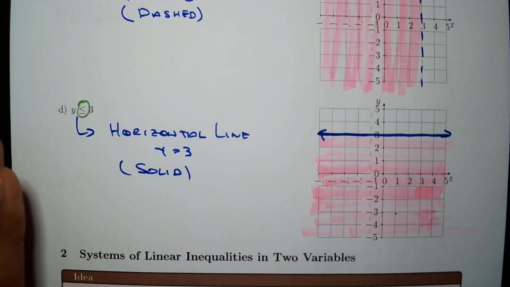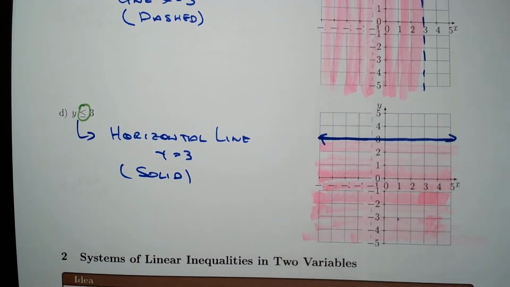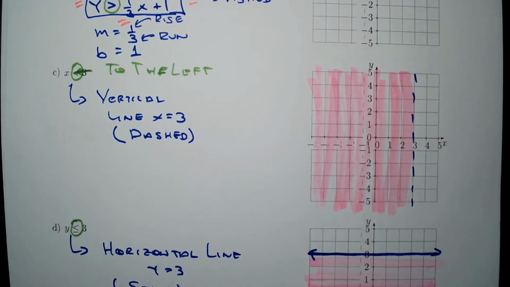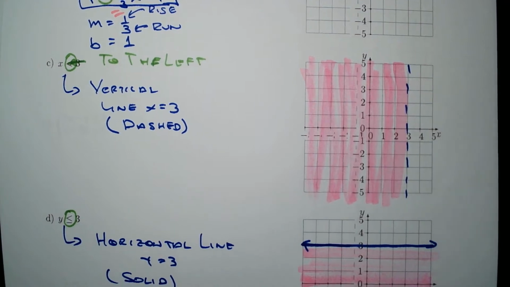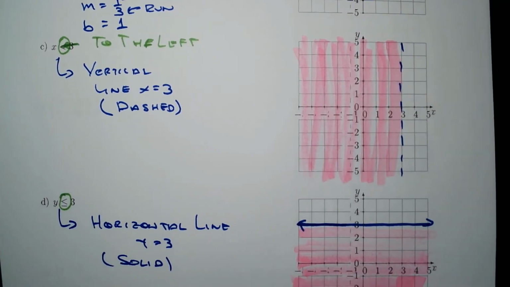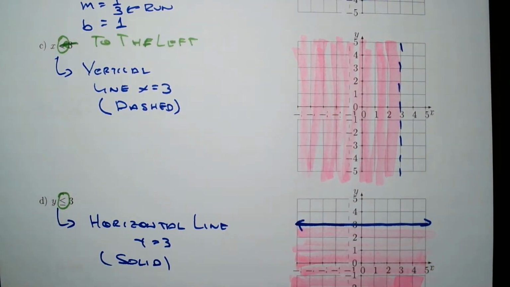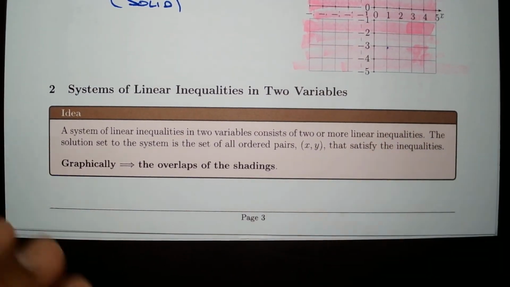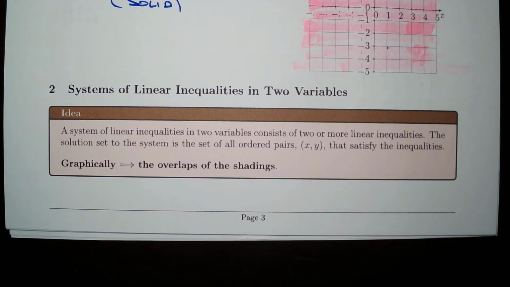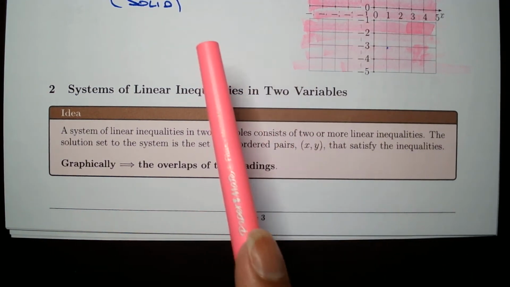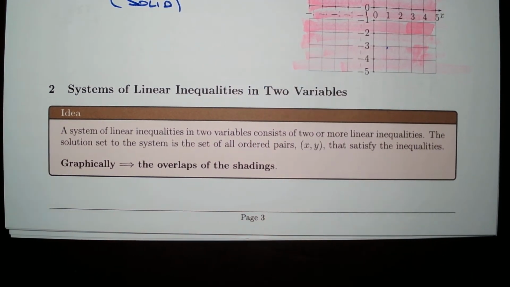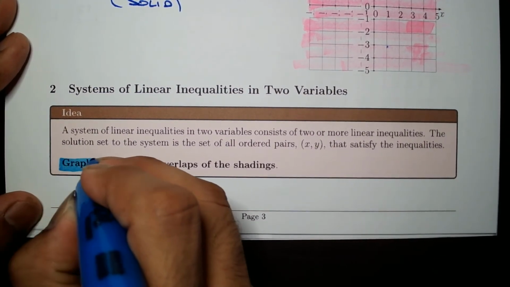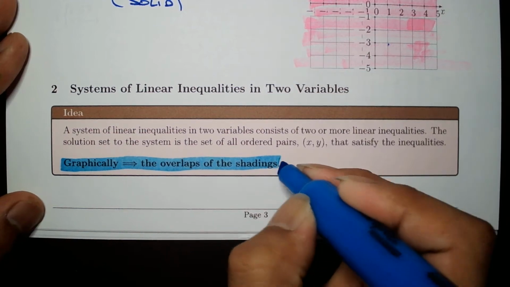Now, up to this point, we have learned how to graph solutions to linear inequalities. So we shade one side or the other. Now we're going to look at systems of linear inequalities, and in these systems we are going to graph both lines in the same Cartesian plane, but we're going to look for the overlap of the shadings.